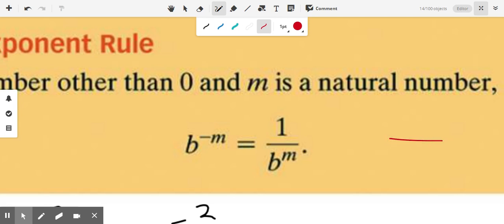So here's the rule. If we have a fraction bar, and we have something that is a negative exponent, I have x to the negative 4 in the numerator. If you take that power and you move it across the fraction bar, it changes the sign of the exponent.